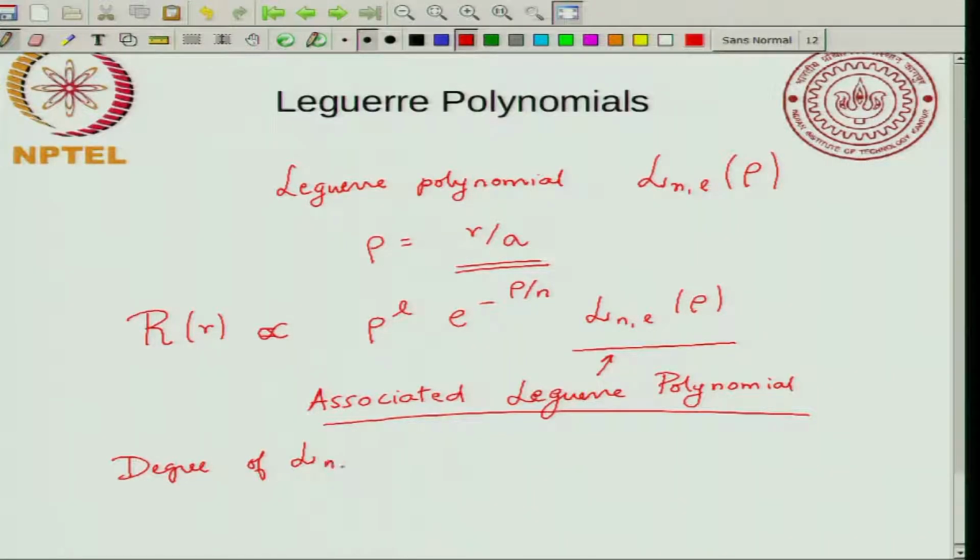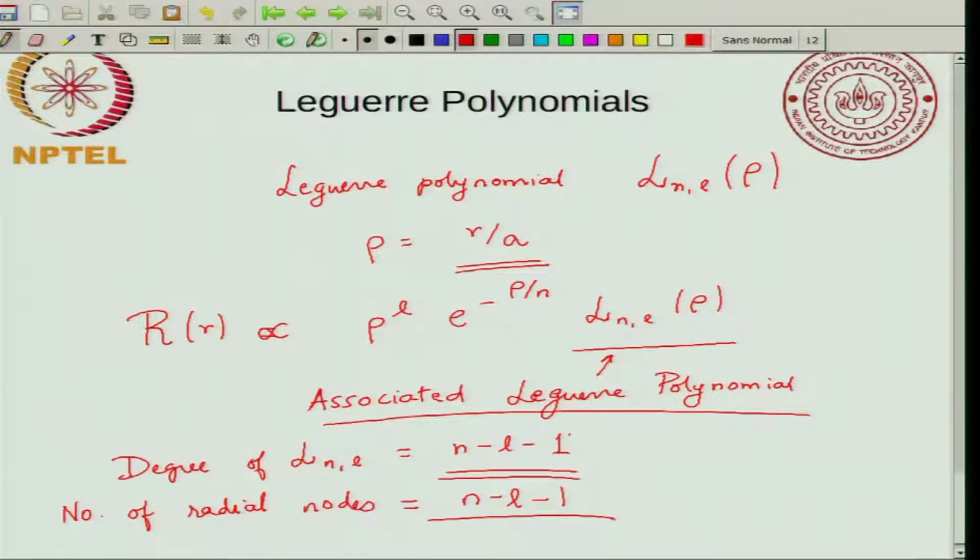This degree turns out to be very important, because if you have a polynomial of degree n minus L minus 1, then it will go to 0 at n minus L minus 1 points. So that means the number of radial nodes equals n minus L minus 1.